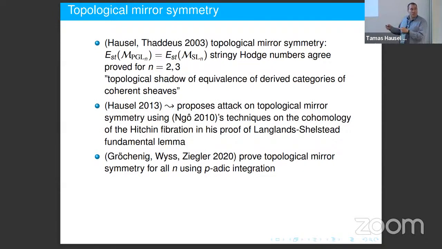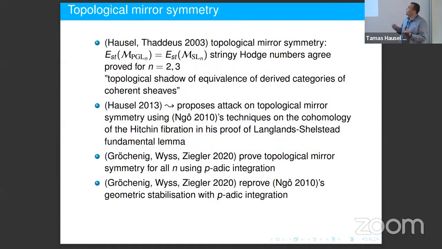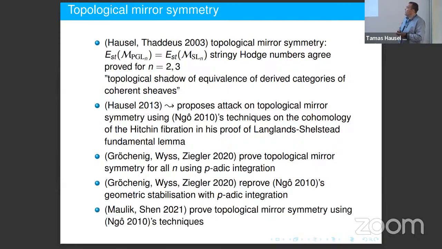And they could turn this logic around, and they in fact could use the same technique to reprove Ngô's main geometric cohomological result, again using these simpler techniques of p-adic integration. And to have the full circle, it was completed by Maulik and Shen, who actually managed to prove topological mirror symmetry, this equivalent agreement of numbers on the two sides, using the Ngô techniques, roughly along the lines, at least, I was proposing back then.